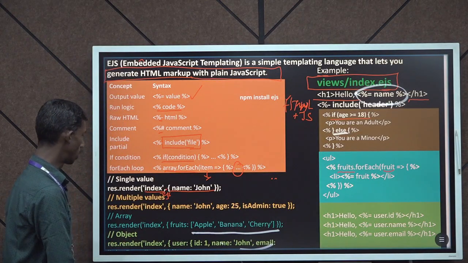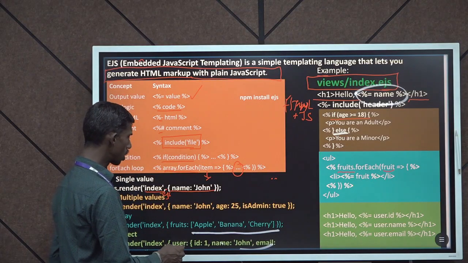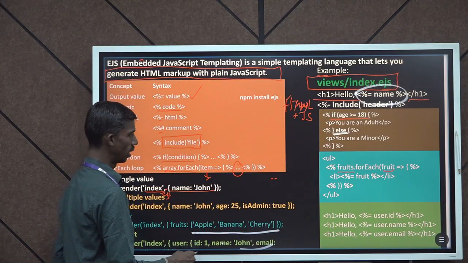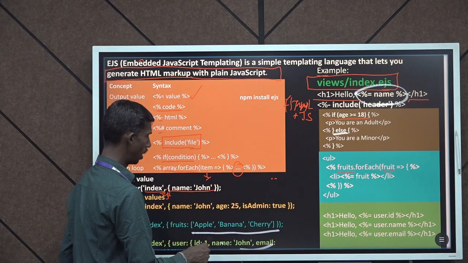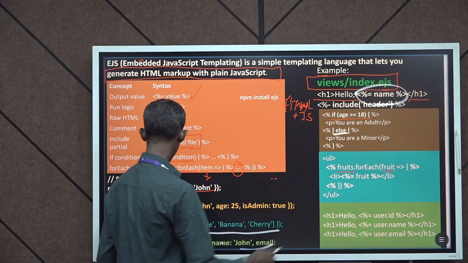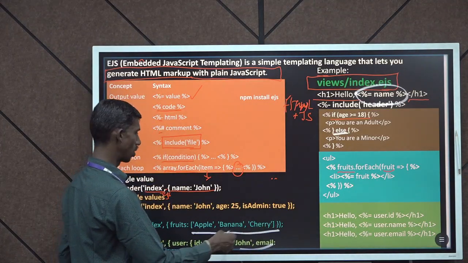When you work with objects, here user is the object. It has a collection of data: user has ID, name, email ID and so on. User dot name extracts John.